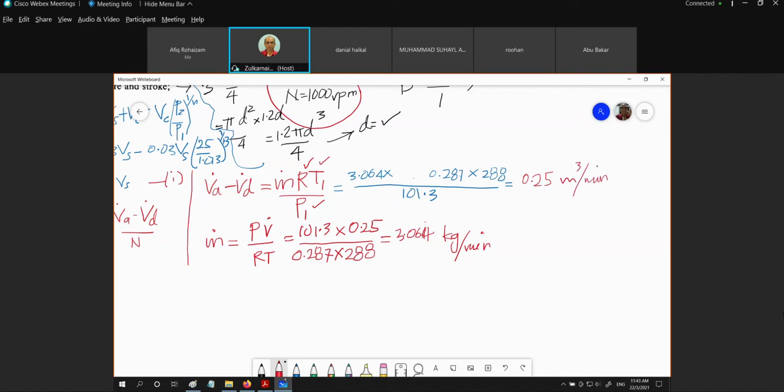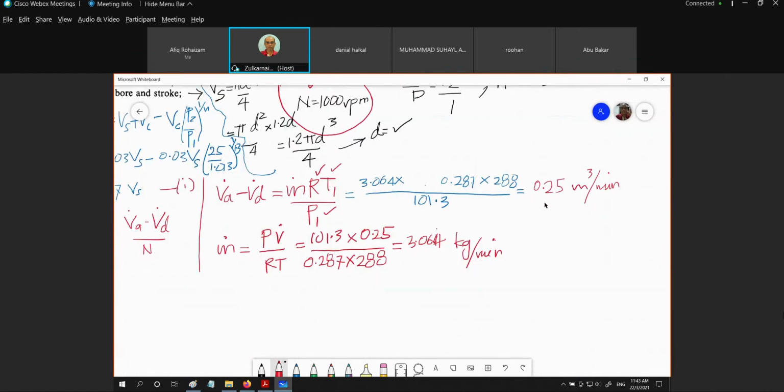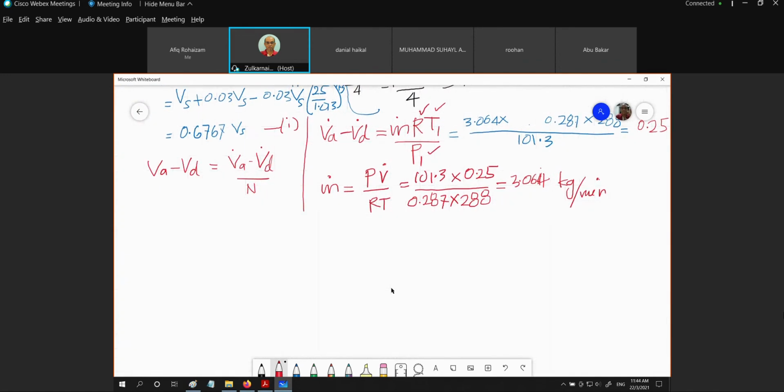Okay? So now it's verified that when we have P1 equal to P and T1 equal to T, then we could conclude that the V dot is equal to V dot A minus V dot D. We have proven that here.